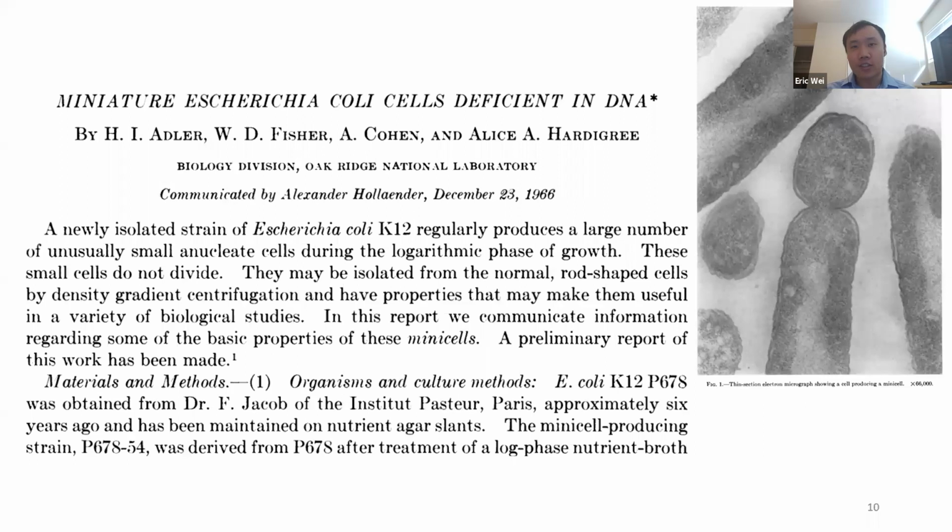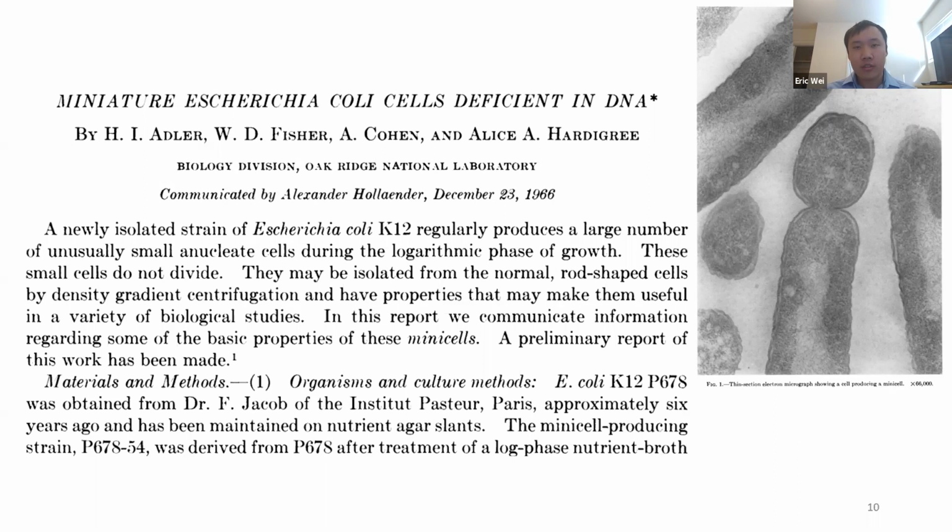So in the 1960s, they made a discovery of small anucleate cells that would arise during division of certain E. coli strains. So there's a lot of work put into better understanding these miniature E. coli cells, also known as mini cells.